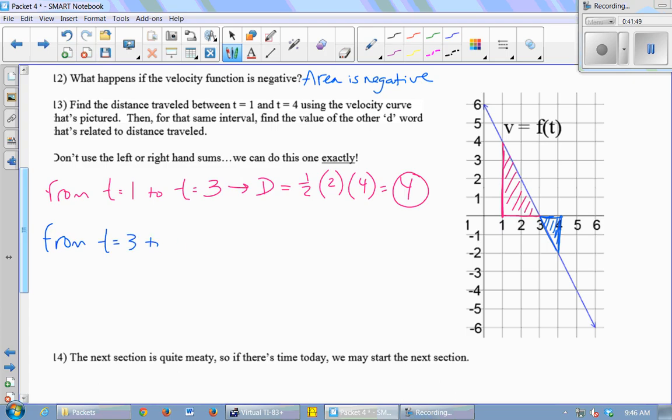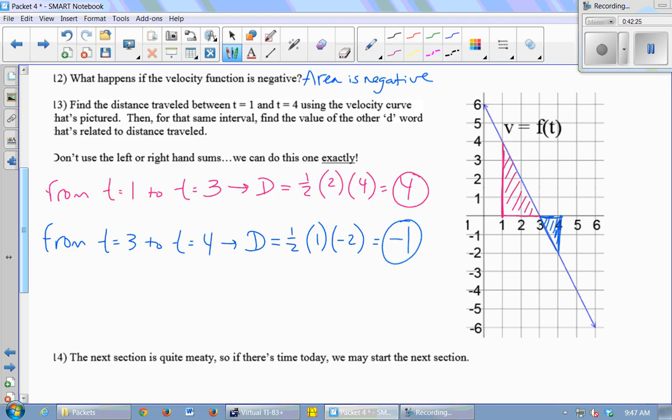From t equals 3 to t equals 4, the area of that triangle would be 1/2 times the base times the height, and the height would be -2. It comes out to -1. So distance traveled is -1, meaning we were going backwards. We traveled 1 unit backwards.